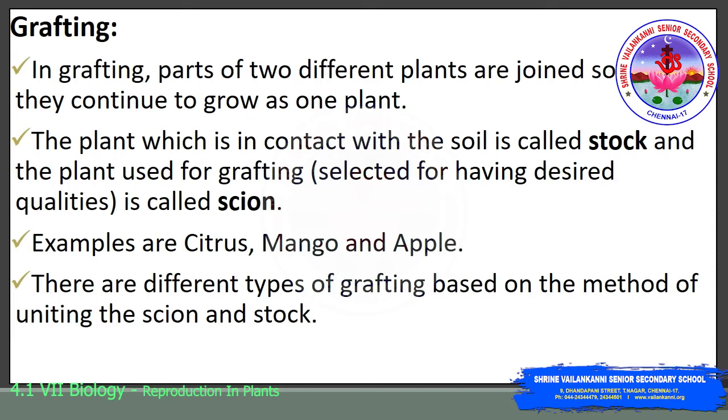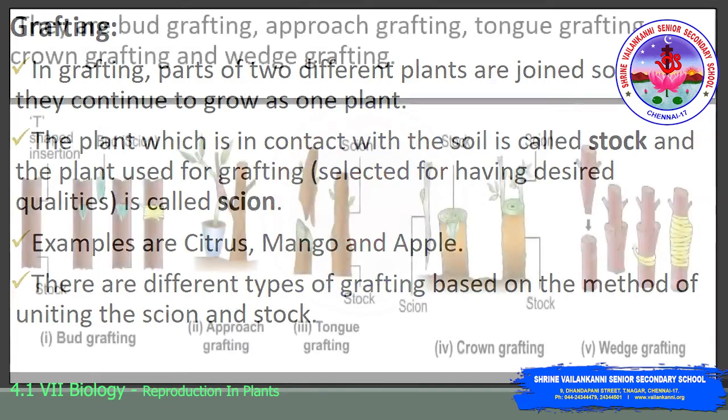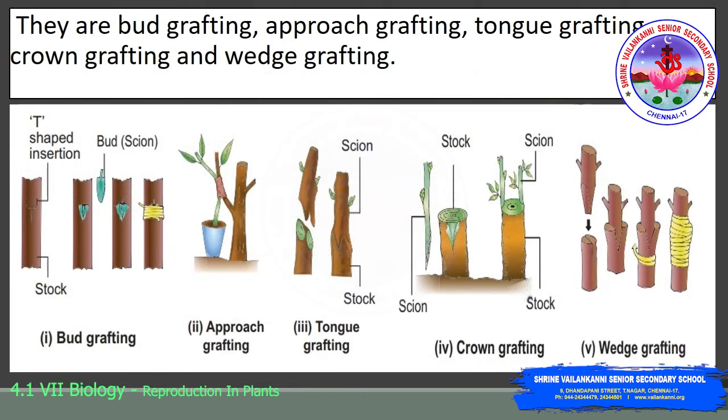There are different types of grafting based upon the method of uniting the scion and the stock. The different methods of grafting include bud grafting, approach grafting, tongue grafting, crown grafting and wedge grafting, as you can see in this picture.